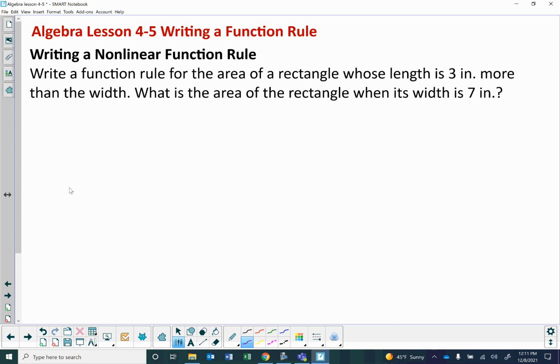Well, we have to have two variables. So the length is being compared to the width. So I'm going to let W equal my width. And since my length is 3 more than my width, then W plus 3 is going to equal my length.